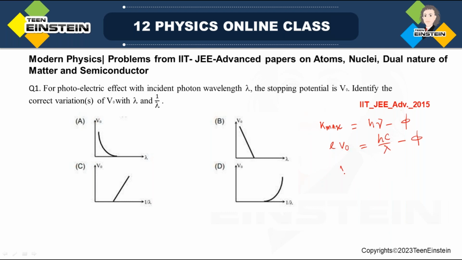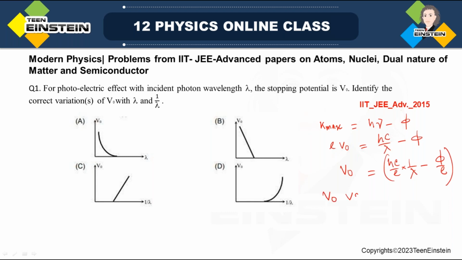So we'll keep that alone, and then we'll write here hc by e into 1 over lambda minus phi by e.